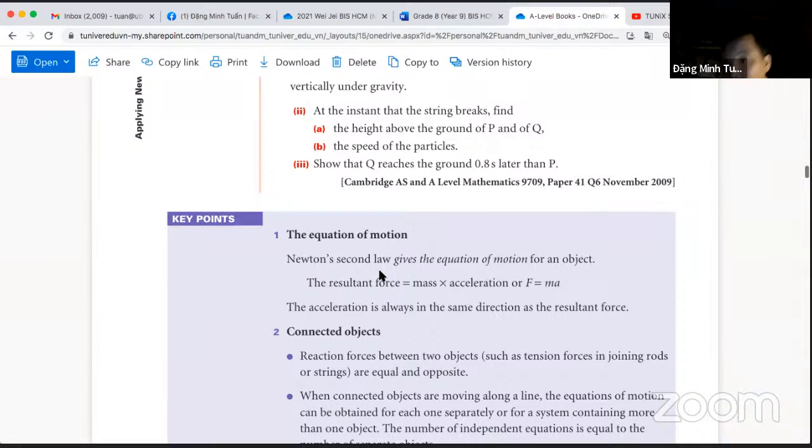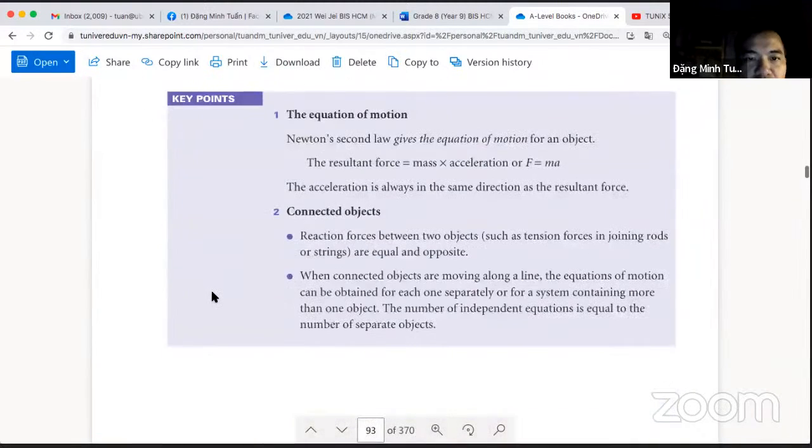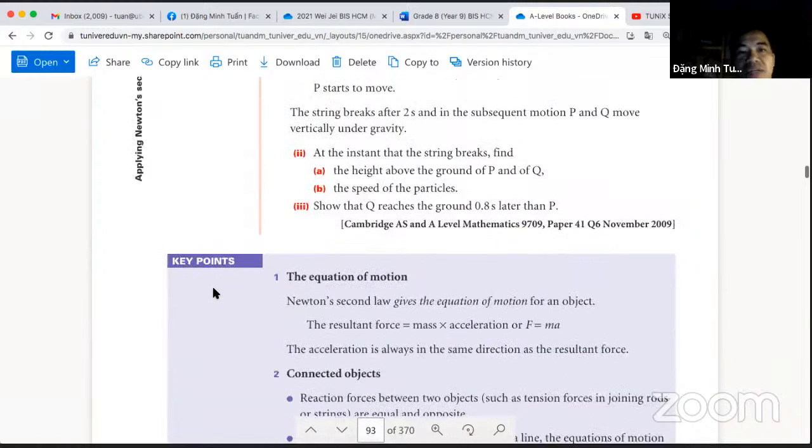Before, you could not know why the train or the lift makes you feel heavier. But now you understand well why you can feel that your weight may be heavier than normal. So I think we will stop the key points here for chapter number 4.